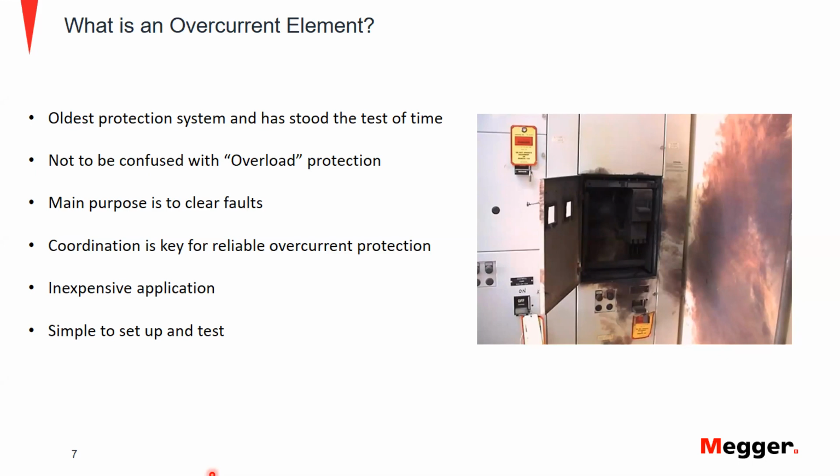So it generally operates instantaneously, or we have some type of time delay to coordinate the different types of faults depending on where they are in the system. It's also an inexpensive application to apply, and it's very simple to set up and test. So it doesn't really take much to actually test an overcurrent. It's just getting the idea down.